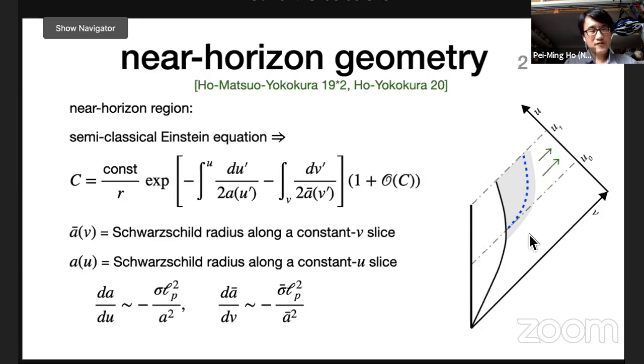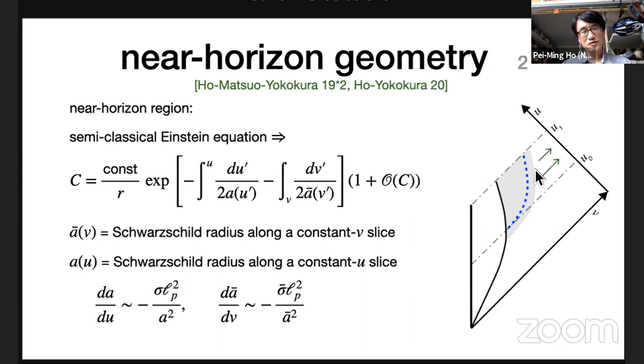They could be thought of as the Schwarzschild radius at the boundary of the near horizon region, where you take a fixed tiny slice of U or V, and then you get a Schwarzschild radius over that slice. But since you're taking the slice in different directions, in principle, they do not have to agree.